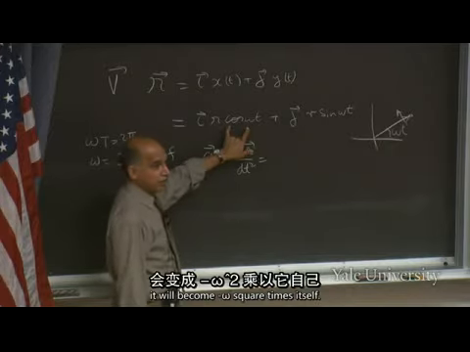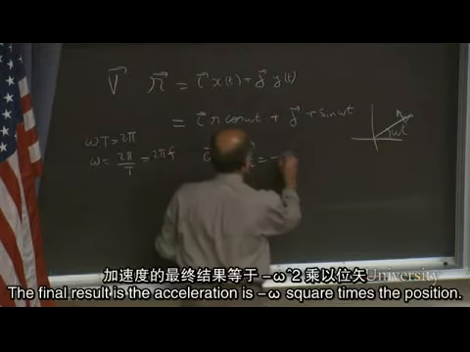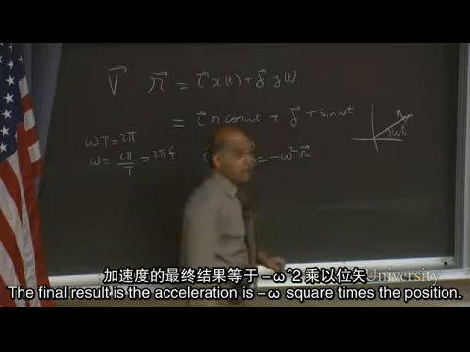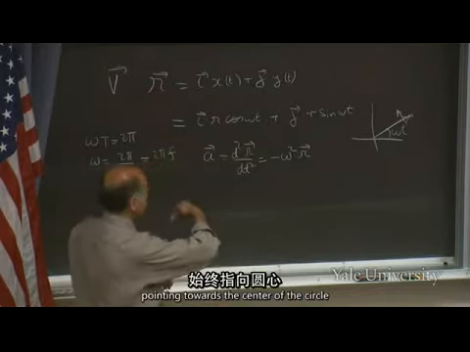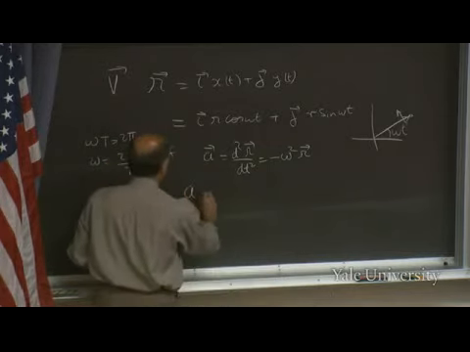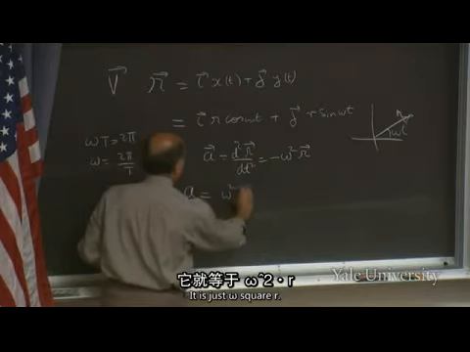In other words, it will become minus omega squared times itself. Same thing here. And the final result is the acceleration is minus omega squared times the position. That means the acceleration is pointing towards the center of the circle, and it has a magnitude a. When I draw something without an arrow, I'm talking about the magnitude. It is just omega squared r.